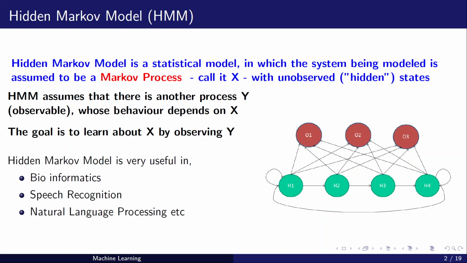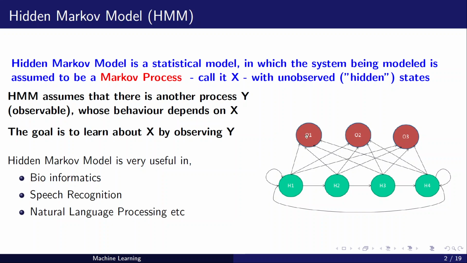But there is another process Y which is observable, whose behavior depends on X. So we have a normal Markov chain with hidden variables H1, H2, H3, H4. This we call X, and we have another set of variables Y which is observable.